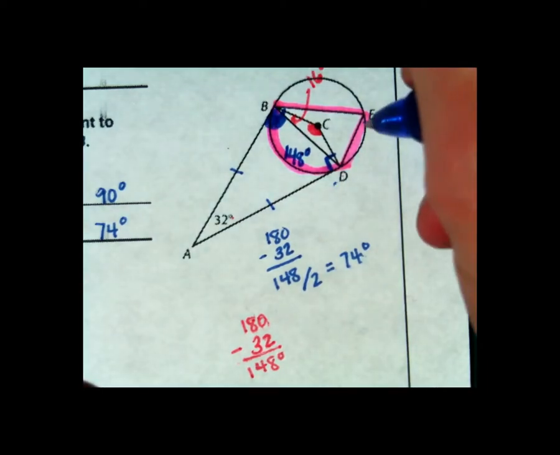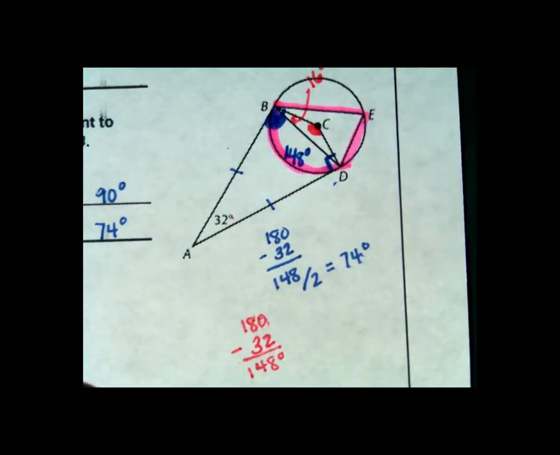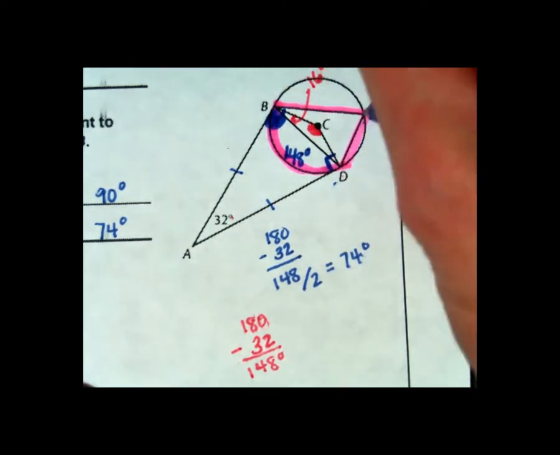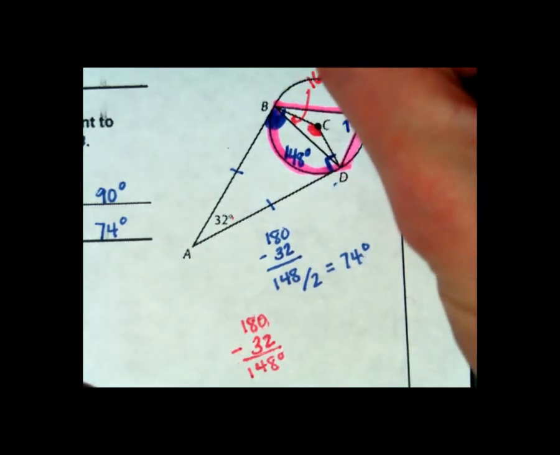What does that mean about this inscribed angle? It's half. What is BED? 74 degrees.